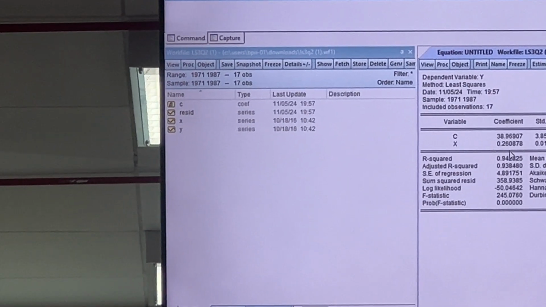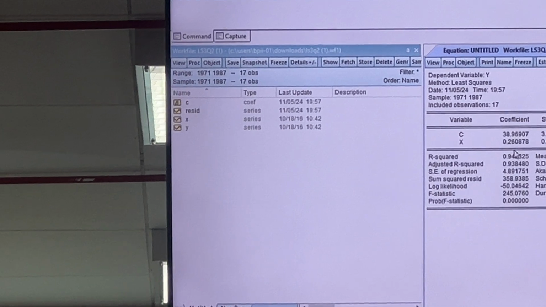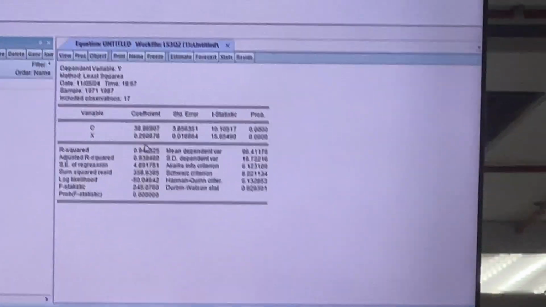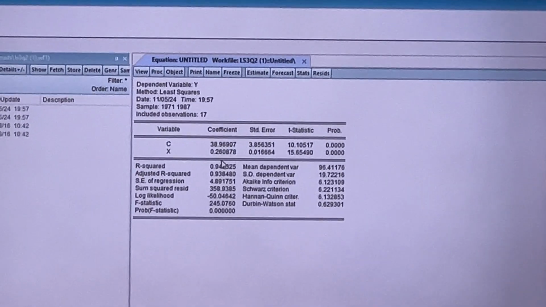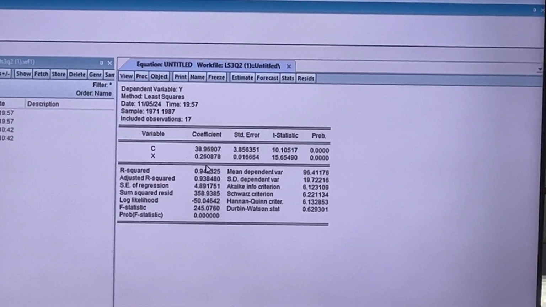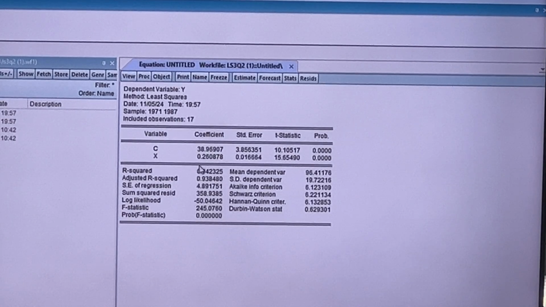So how to interpret question, and next question 2b interpret. So interpret the slope coefficient of all estimated regression. So for the case of the first model, linear model, how to interpret? Remember, we can just interpret as usual on this one.